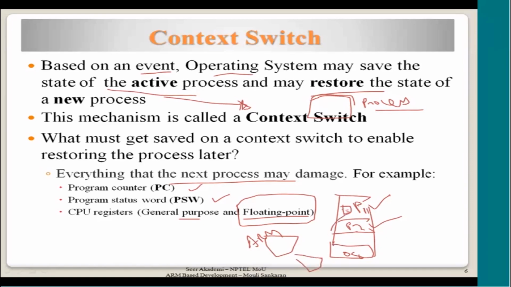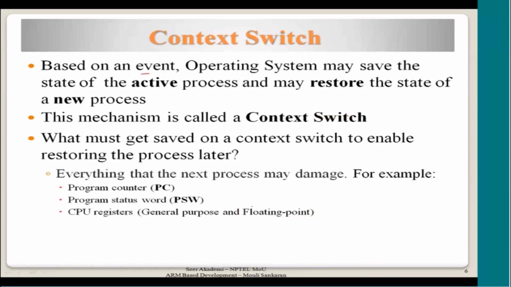So the coprocessor is saved into the context only when a process wants it. It's not always, but you are sure that every process needs the registers in the ARM processor. So those have to be saved by default, but the coprocessor may be saved only when it is needed. Just keep in mind, I thought I would just touch upon that.